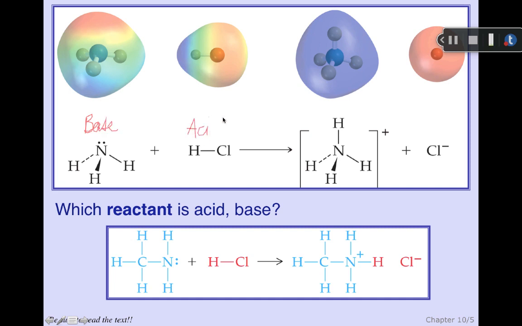Surprise, it's an acid. The base is going to gain a proton, so this proton is going to be donated by the acid and picked up by the base. The base therefore turns into its conjugate acid, and the chloride left behind from the HCl is the conjugate base of that acid.